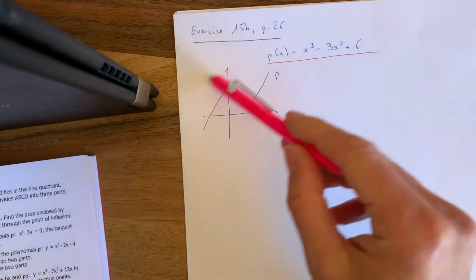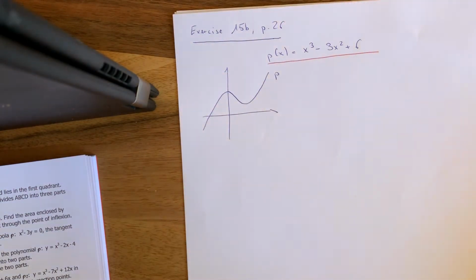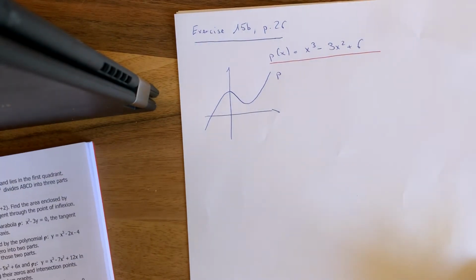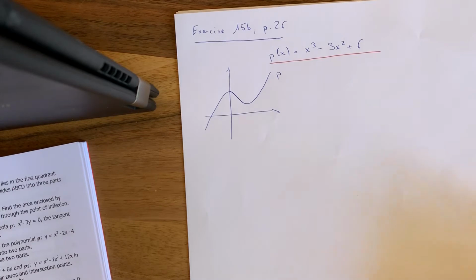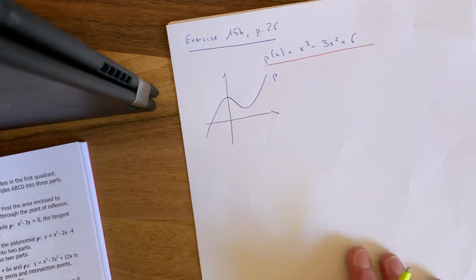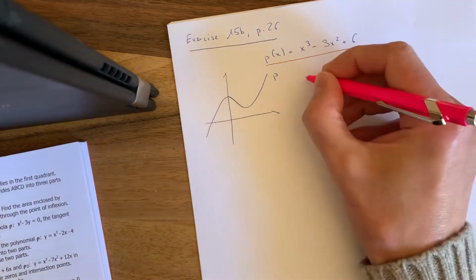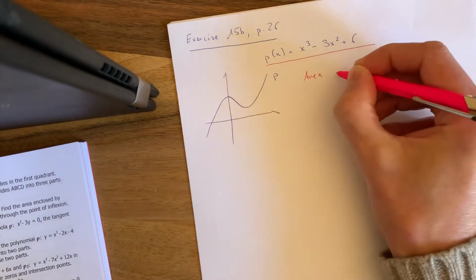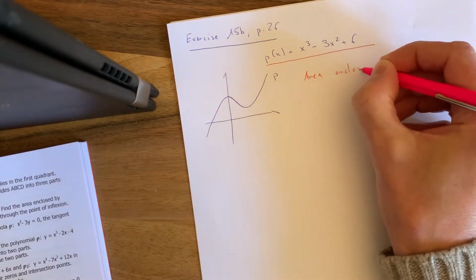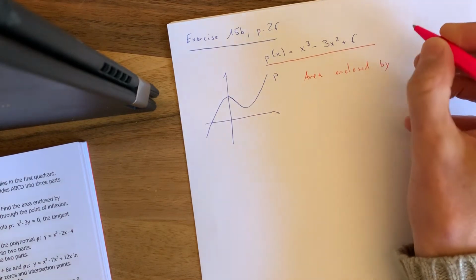Here on the left you see a picture of the graph of that function. So what is our problem and how are we going to start? Well, let's read the exercise. Find the area enclosed by what?